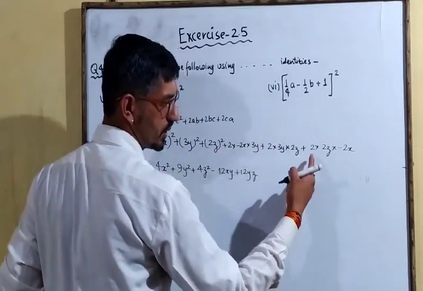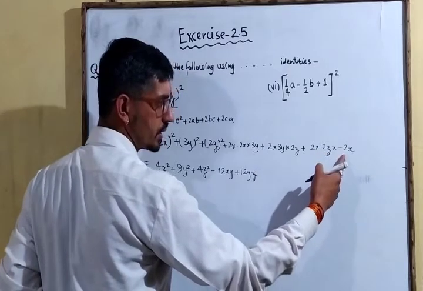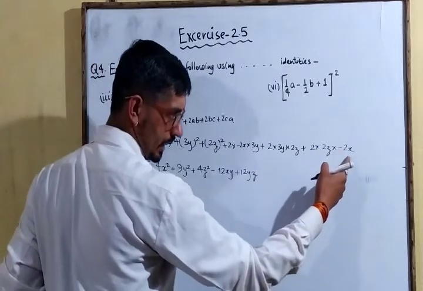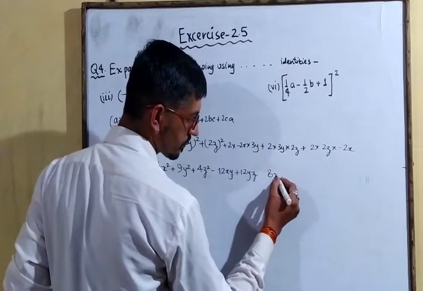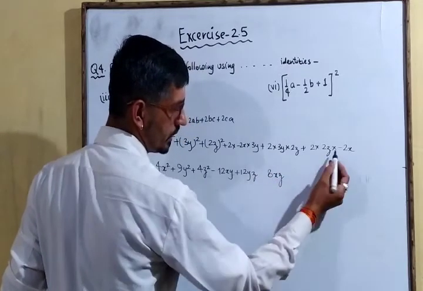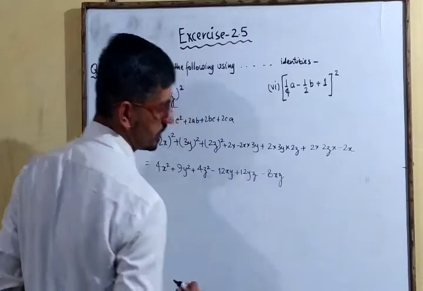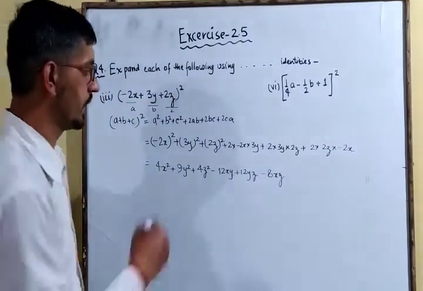The last term will be 2 into 2 is 4, 4 into 2 is 8, so -8xz. Minus plus minus, so this will be the answer.